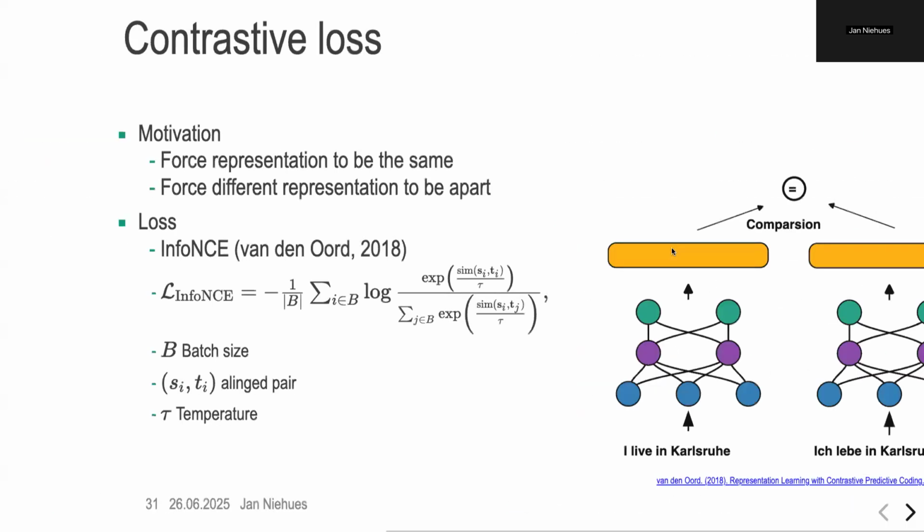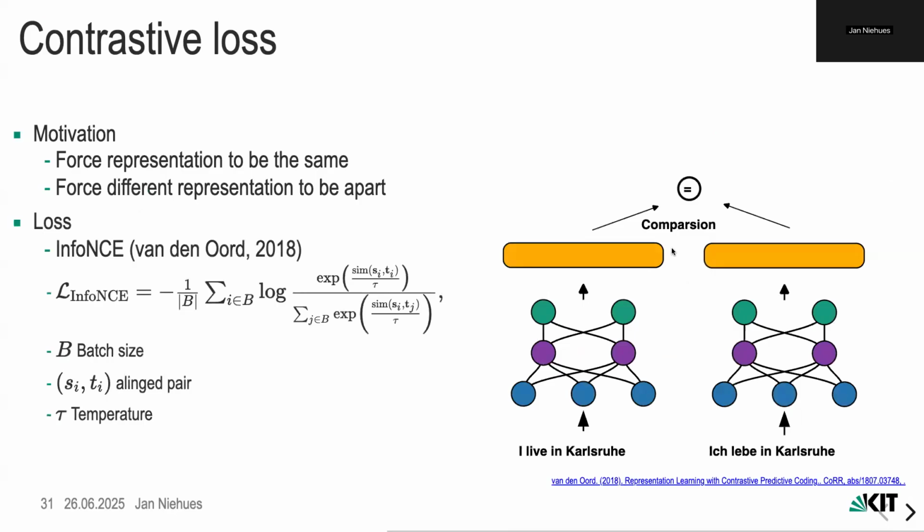And then you can use different types of losses. One very famous at the moment is what is called InfoNCE. You're seeing here again the similarity. What you're trying to optimize: you sum up over all examples in the batch, and you're maximizing the expected e to the power of the similarity of the pairs.